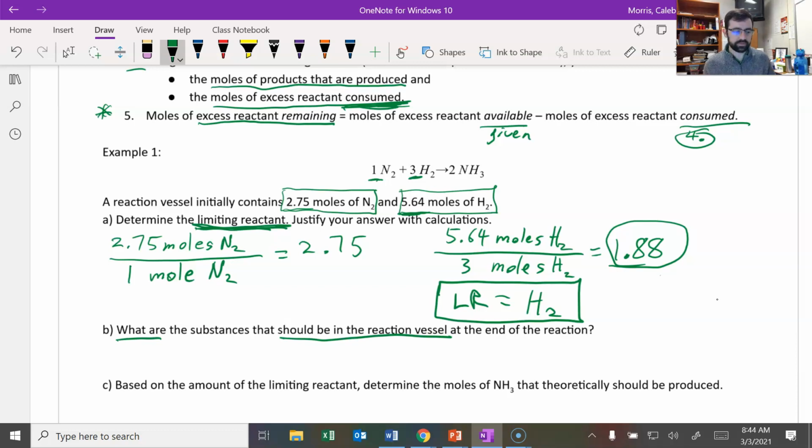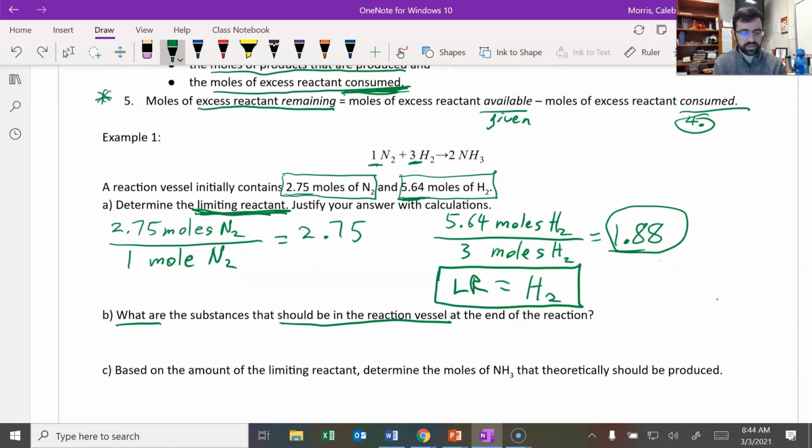So what should be in the reaction vessel at the end of the reaction? What should we have? Well, we shouldn't have any more hydrogen because it was the limiting reactant. It's used up. But I would have some of the excess reactant. I'm going to have some nitrogen. And of course, if the reaction takes place, I should get some product.